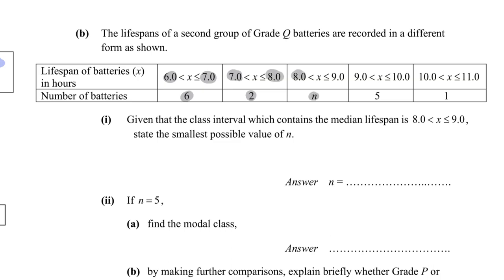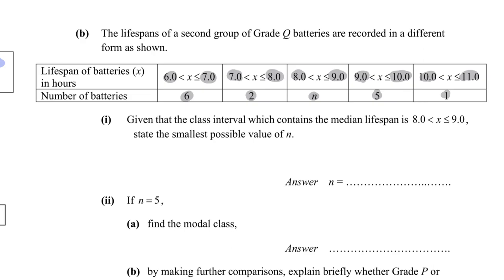N number is 8 and 9. 5 batteries, lifespan is between 9 all the way to 10. 1 battery that is more than 10 hours but less than or equal to 11.